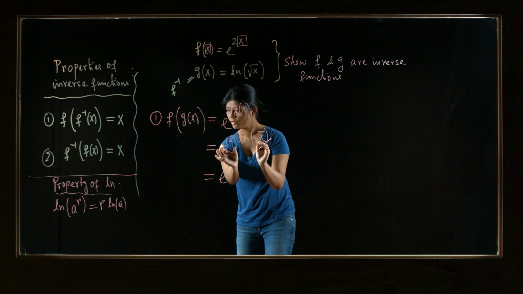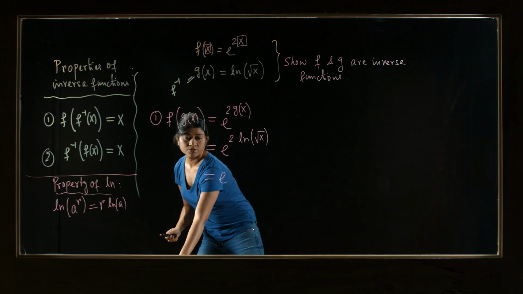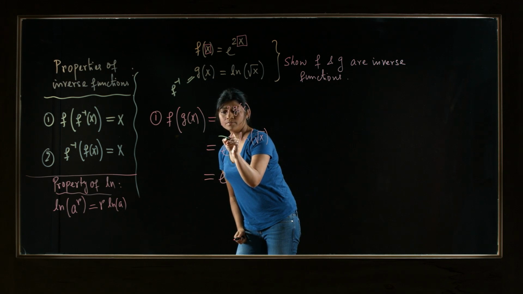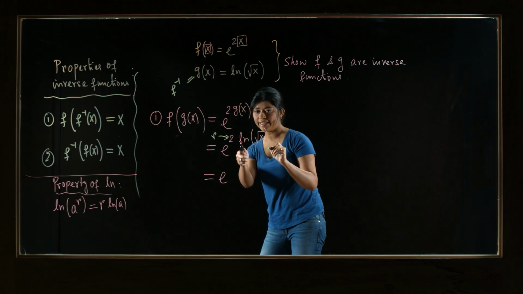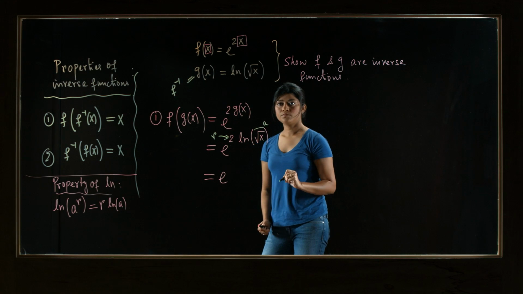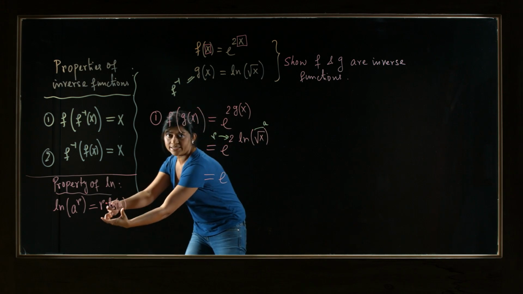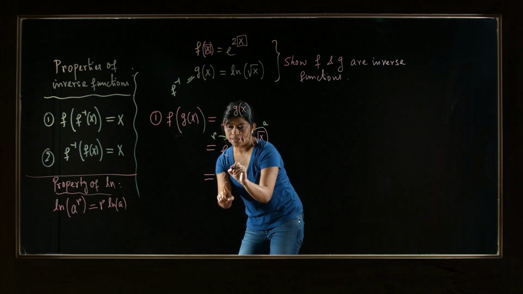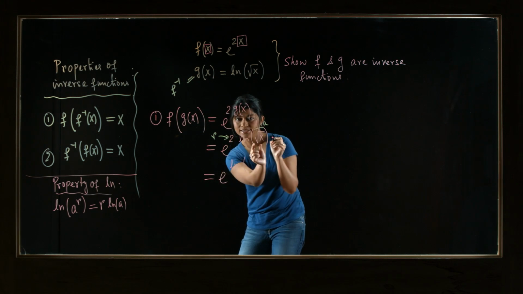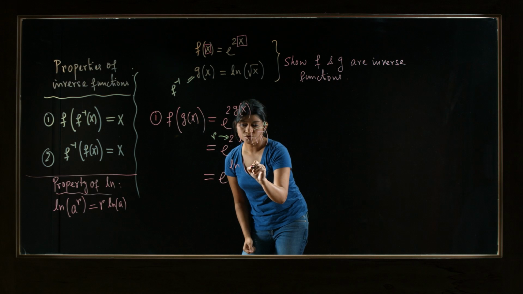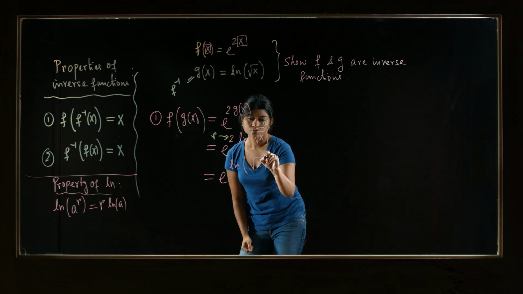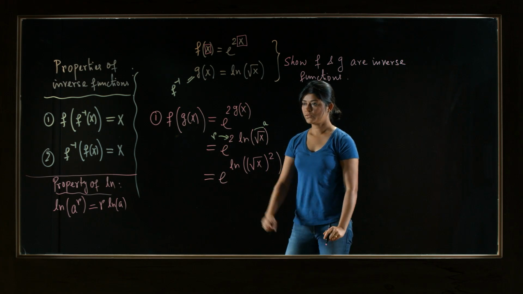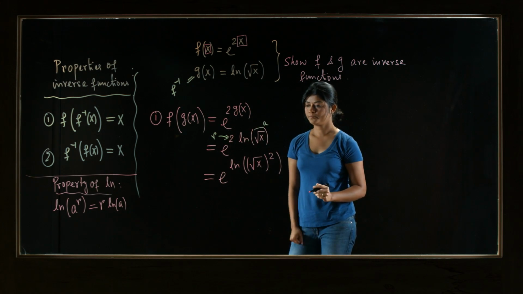Note here, this 2 is like r, and this is a. So applying this property, the left hand side will be ln of a to the power r, so square root of x, squared. The r goes in the exponent.